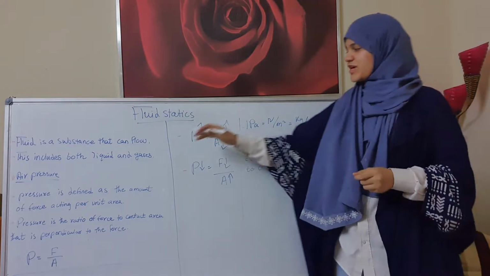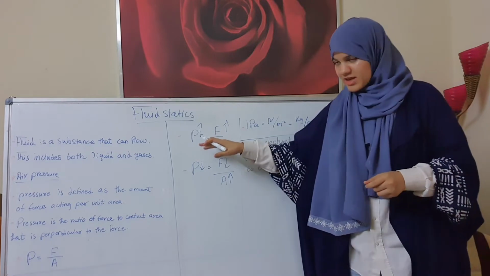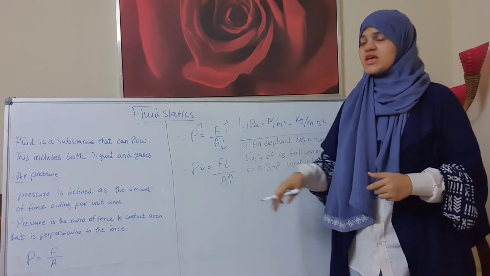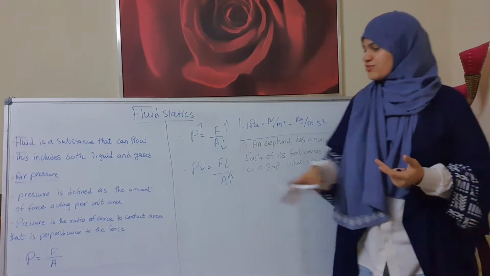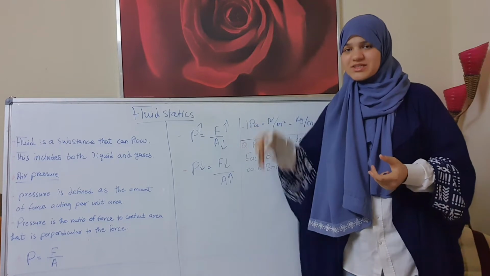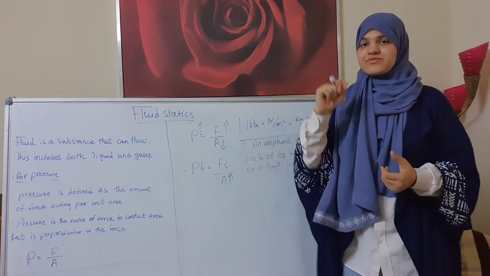Now here, if pressure increases, force also increases. But if pressure increases, area will decrease. The reverse also holds. If pressure decreases, force decreases. If pressure decreases, area will increase.